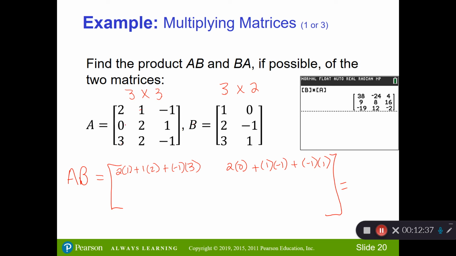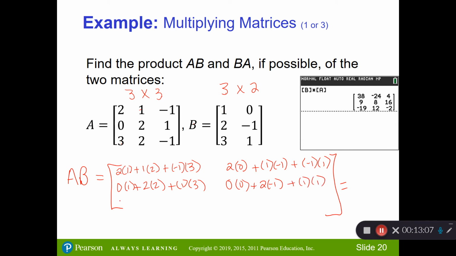And now we're done with the first row, so we move to the second row. Second row times first column: 0 times 1 plus 2 times 2 plus 1 times 3. Then 0 times 0 plus 2 times negative 1 plus 1 times positive 1.